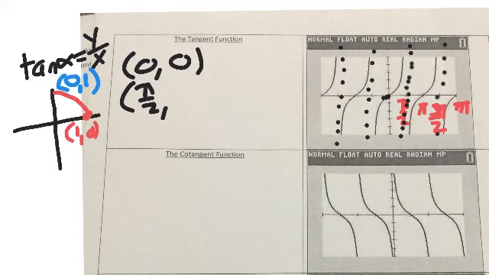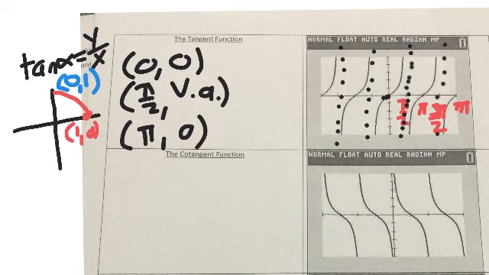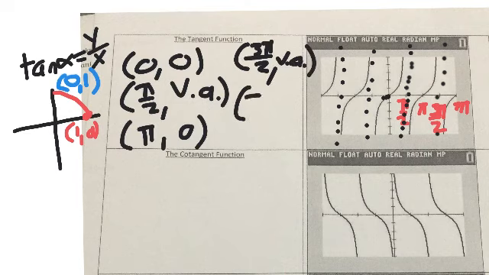When I get to pi over 2, I've got a vertical asymptote. That's not really a point, but I still like to think of it as a point because it makes it easy to move those asymptotes around. Next, when I get to pi, I'm back at 0. 3 pi over 2 is another vertical asymptote, and 2 pi is 0.